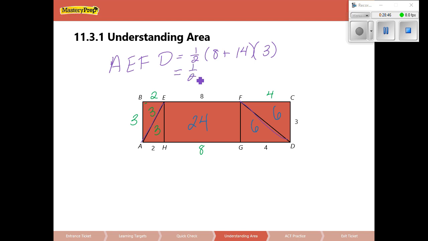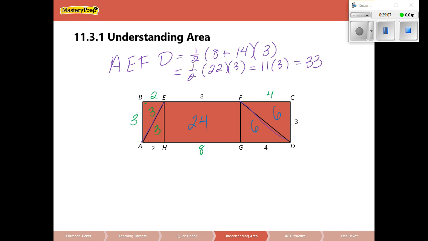That would be 1/2 of 8 plus 14 is. Well, 1/2 of 22 is 11, and 11 times 3 is. So the area of that trapezoid is.